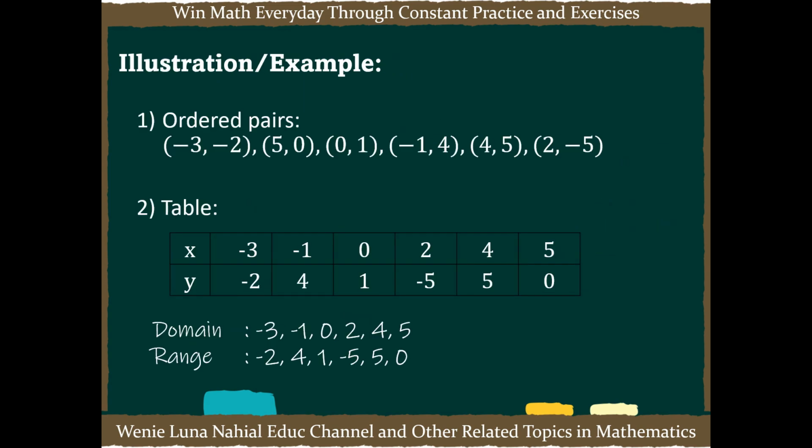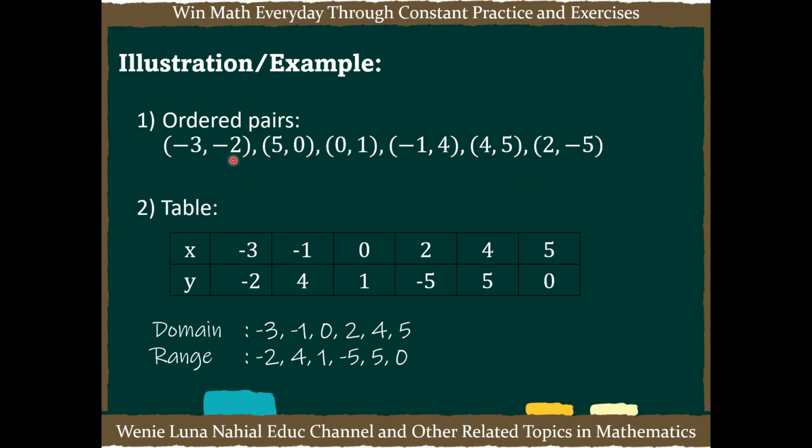Then we have here illustrations and examples. The first one is in terms of ordered pairs. We can see that there's no first component of the ordered pairs which are equal or the same.